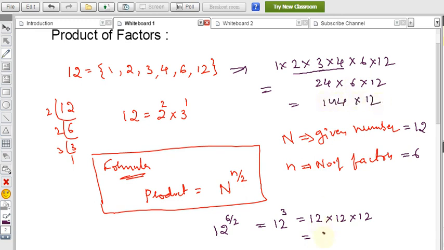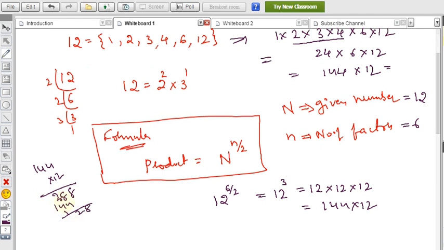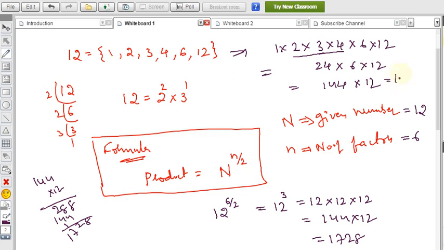Same, 12 into 12 is 144, into 12. You'll get the same number. 144 into 12, you can multiply: 288, 144, 1728. That is 12 cubed. 1728 is the product of the total factors.